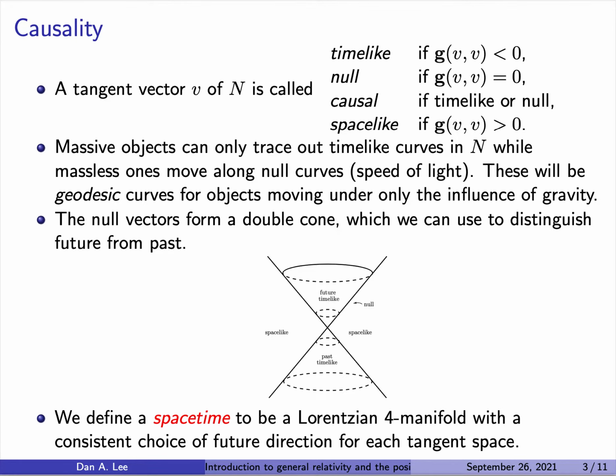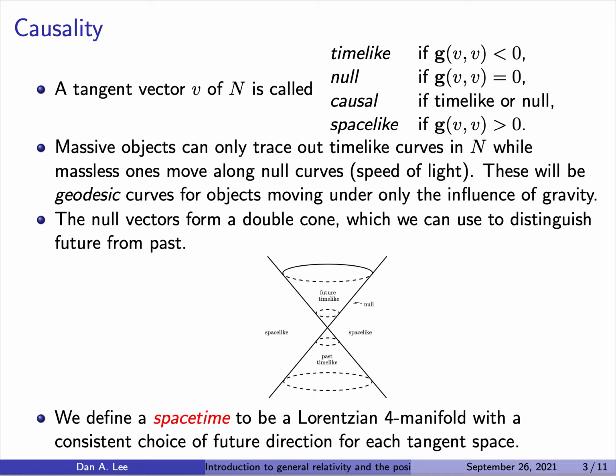So now we can define the space-time, which is, we're going to use this word all throughout this series of lectures. It's the Lorentzian manifold that I just talked about, but we also want a consistent choice of a future direction for each tangent space. It's a lot like an orientability condition, right?